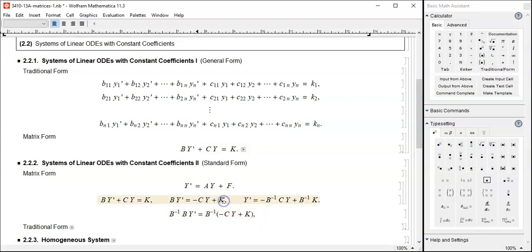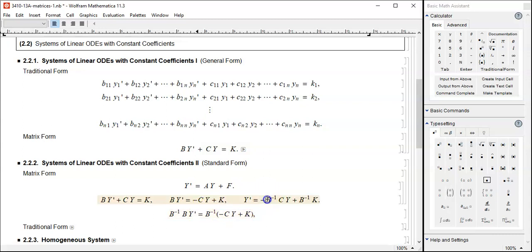So from here, the second equation, multiply B inverse to both the left-hand side and the right-hand side of the equality. And then the left-hand side simplifies. B inverse times B is the identity matrix I. So that just disappears and I just have y prime. That was the idea. And to the right-hand side, I use distributivity.